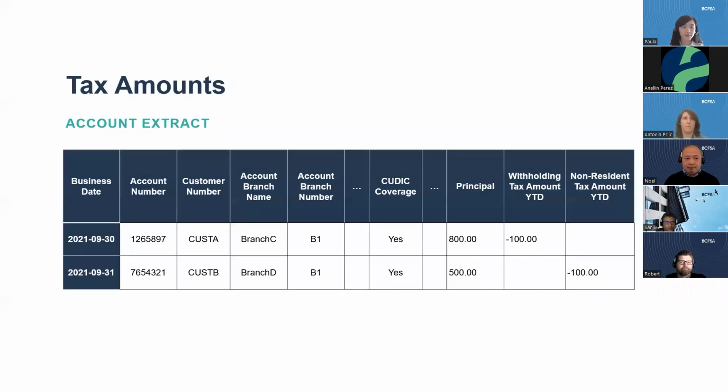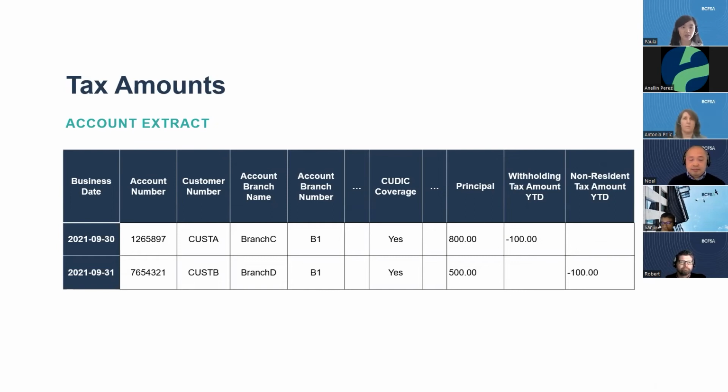Next slide, please. The table represents example of withholding tax amount and non-resident tax amount fields requested in the account extract. The amount of -$100 is the tax amount year-to-date calculated and not yet deducted from the principal.